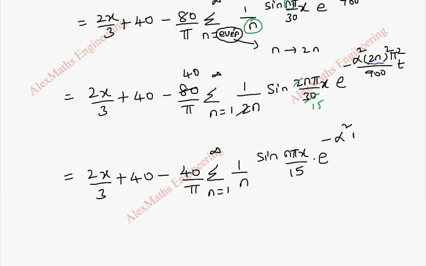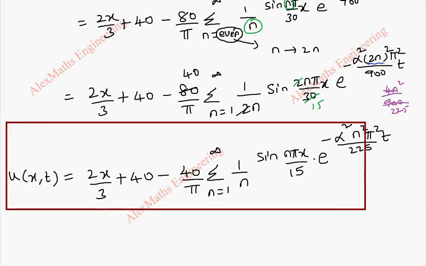So alpha square n square pi square by 225t, because this will become 4n square by squaring. Then we have 900. So 4 and 900 cancel and get 1 by 225. So this is our final solution u of x comma t for the given problem. So this is the complete solution we have.